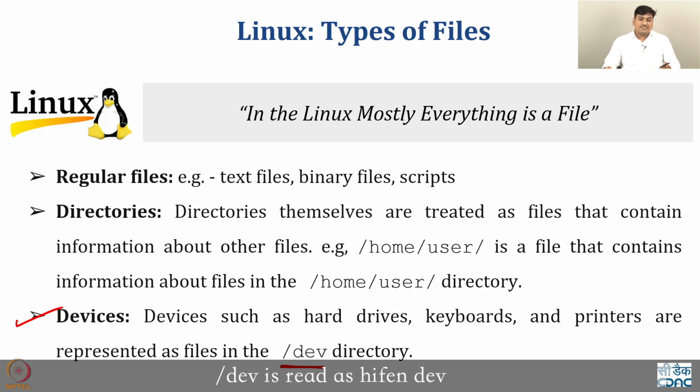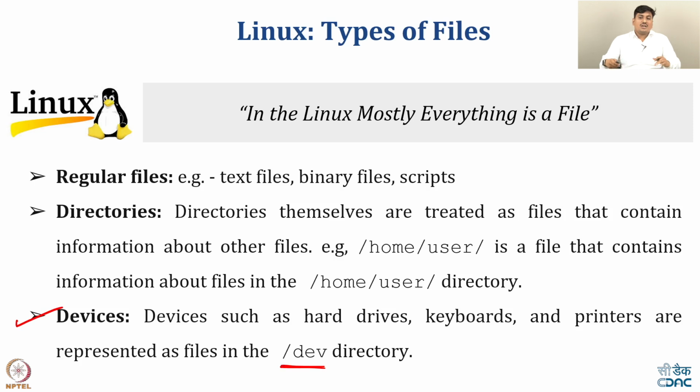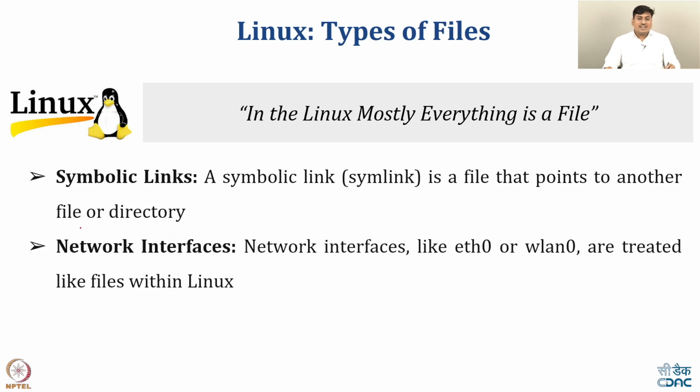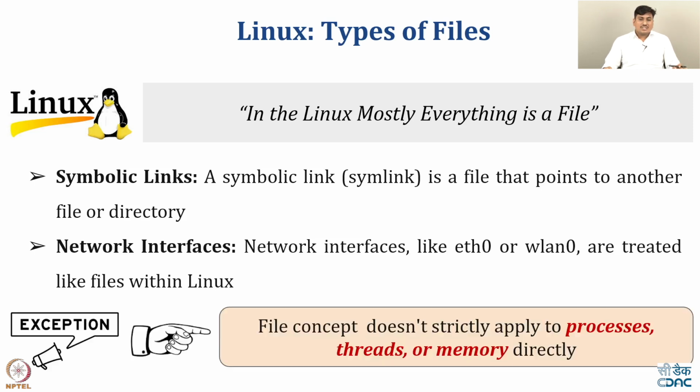We will see the different directories when we try to understand the directory structure of the Linux operating system. Then there are other types of files, like symbolic links, which are files that point to another file or a directory. Then network interfaces like Ethernet or LAN are also treated as files within Linux.